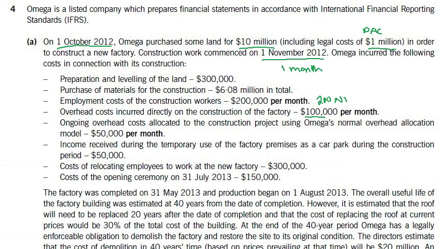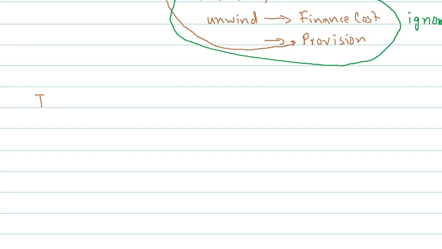Income received during the temporary use of the factory premises as a car park during the construction period. Income when building an asset can be of two types: incidental, and let's call it for our purpose non-incidental.